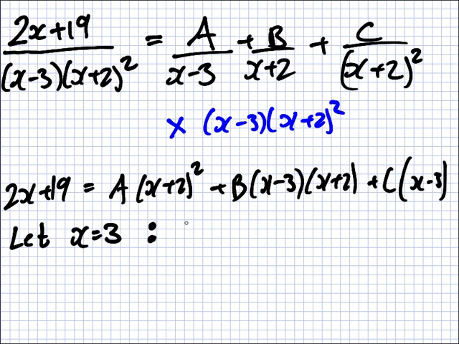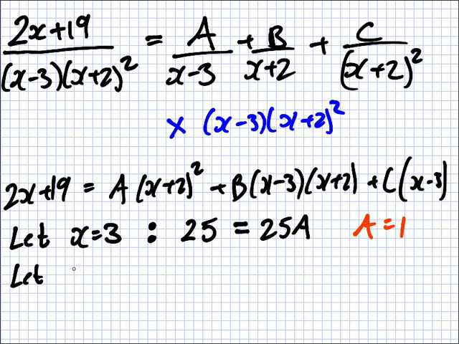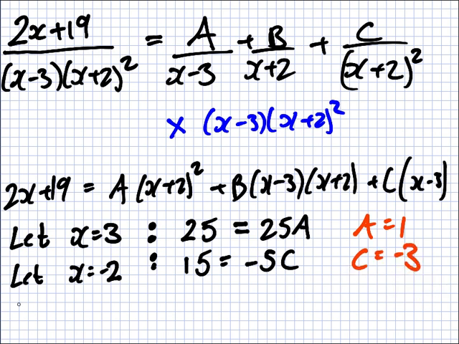Then you'll get 2 times 3 is 6, plus 19 is 25. That will equal 25A, and so A equals 1. Then we'll say let x equal minus 2. Then you'll get 15 equals minus 5C, so C equals minus 3. Then finally let x equal 0.